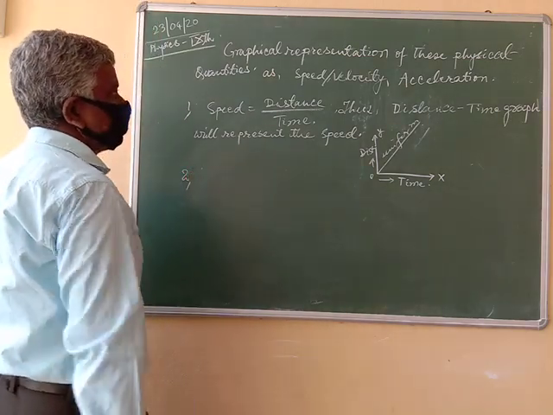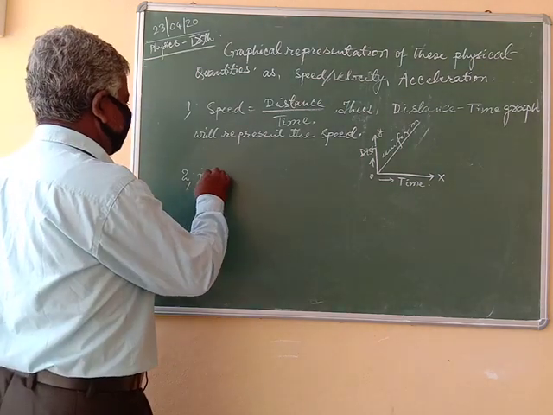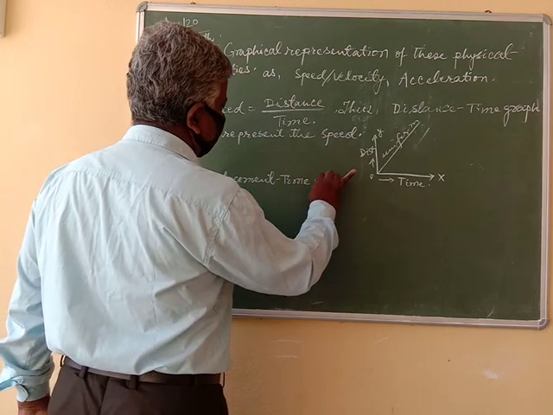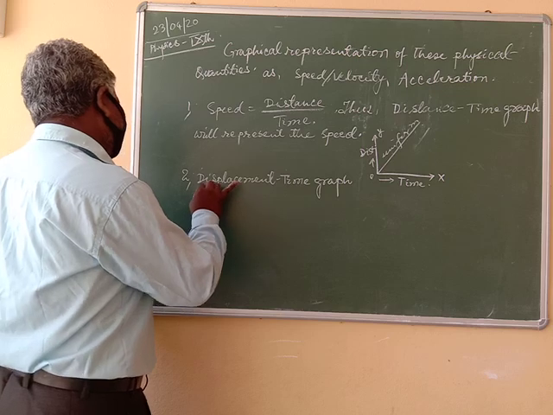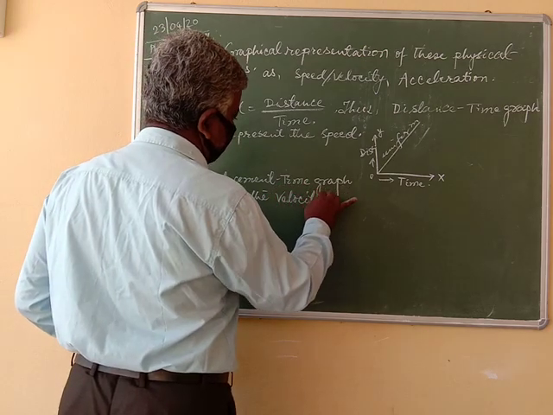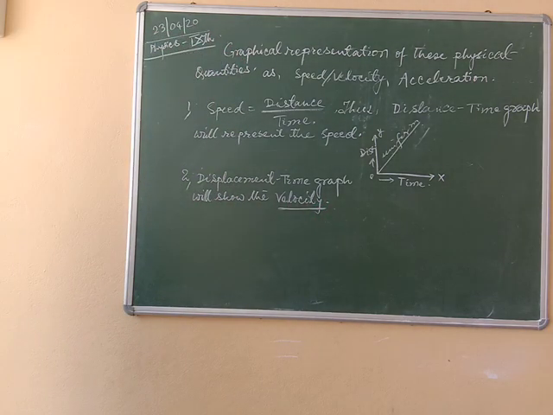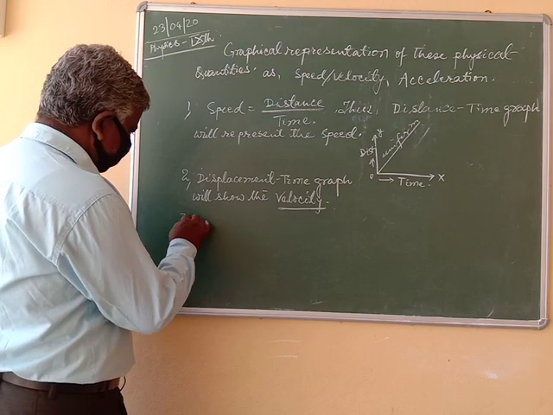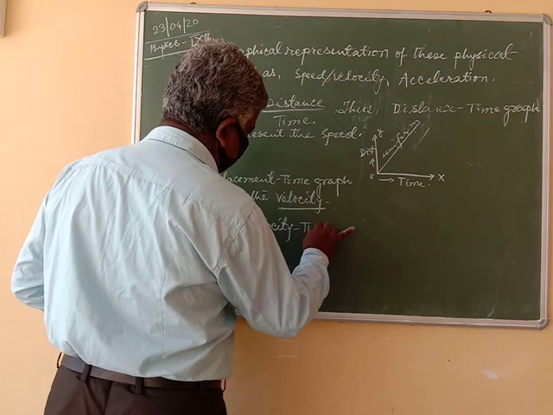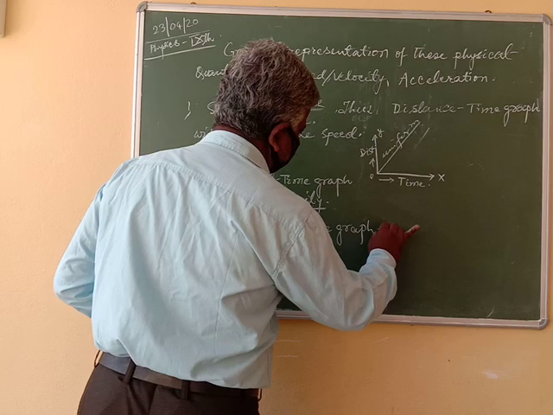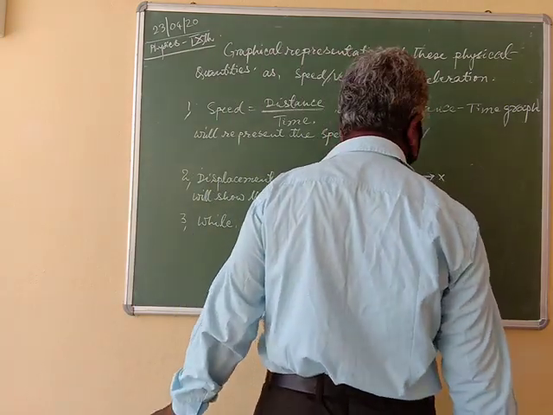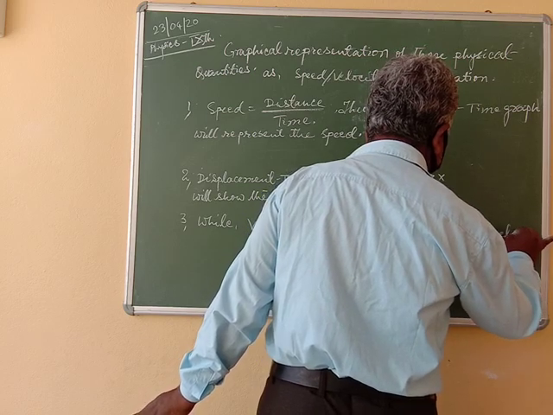Another point: displacement time graph will show the velocity representation, while velocity time graph will show the acceleration.